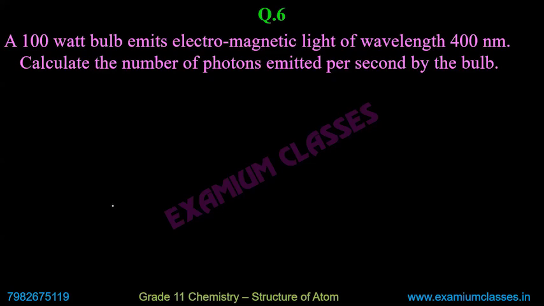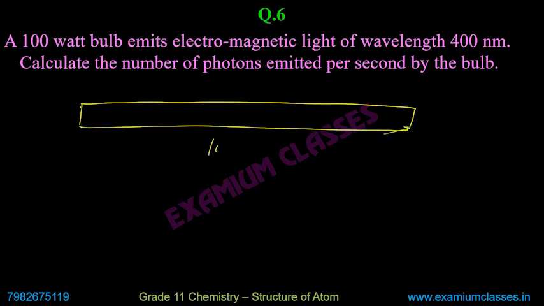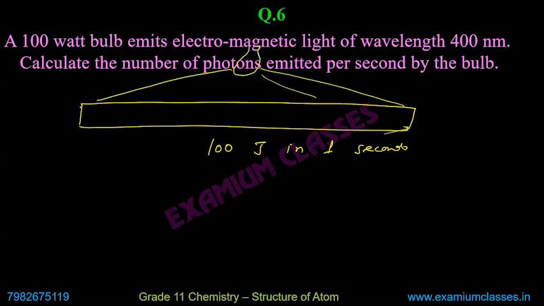Yes. 100 watt is the energy, total 100 watt means 100 joule in 1 second. The question is about a bulb. The bulb is emitting this much light, 100 joules in 1 second.